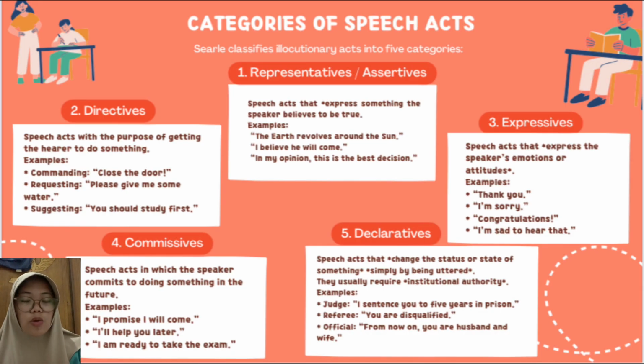And the third is an official: from now on, you are husband and wife. So declaratives are more official in life. As the definition says, they change the status of something simply by being uttered.